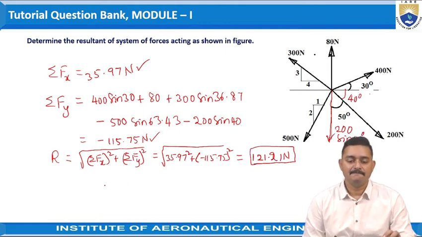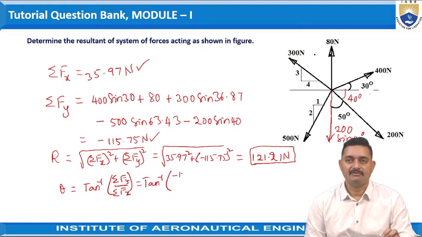Now coming to the inclination. So for the inclination part, we can take theta is equal to tan inverse sigma Fy by sigma Fx. The equation we have. So that can be simplified as tan inverse of minus 115.75 by 35.97. So when you simplify this, you will obtain the value as minus 72.74 degrees.